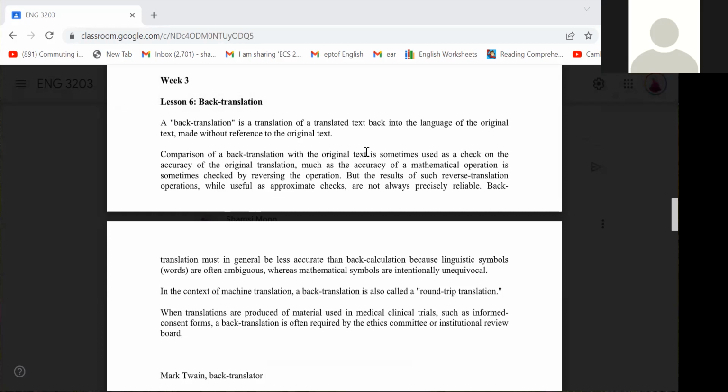It wants to find the accuracy between the translated textbook and the original textbook, but there will be no reference to the original text.